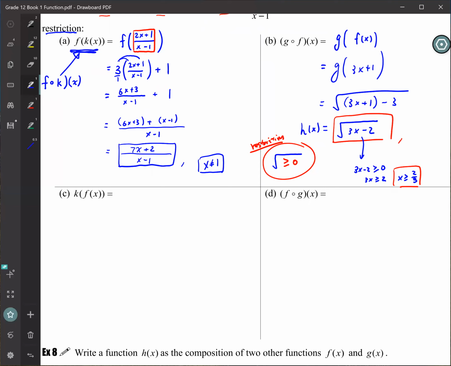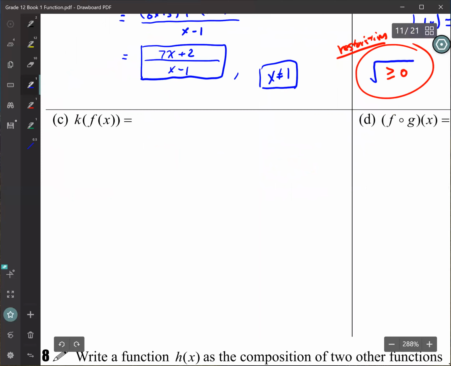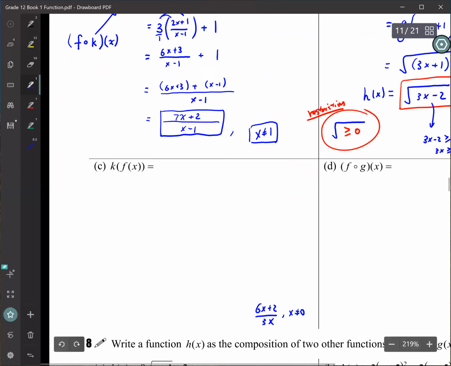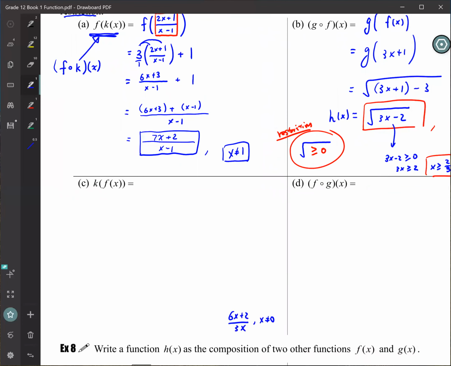Okay, Vicky, what's your answer for C? I got 6x plus 2 over 3x. Okay, restrictions? X cannot be 0. Okay. Thank you. Stunk, how about your C?